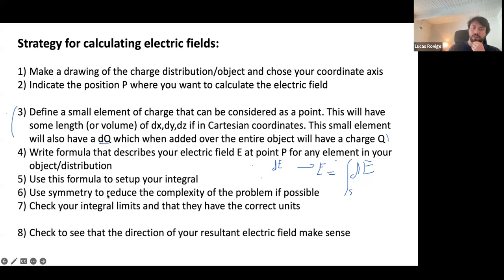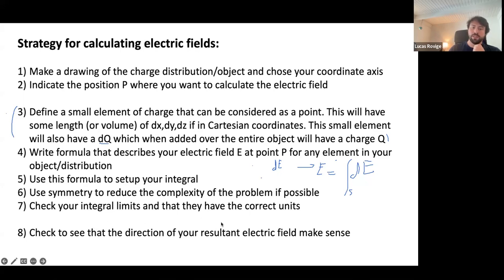Sometimes, symmetry can help us reduce the complexity of the problem, because we can have a situation where some asymmetry will make some contributions disappear, and if you just observe it right away, you don't have to do the calculation to figure out that this part disappears. And make sure that your integral limits are correct.